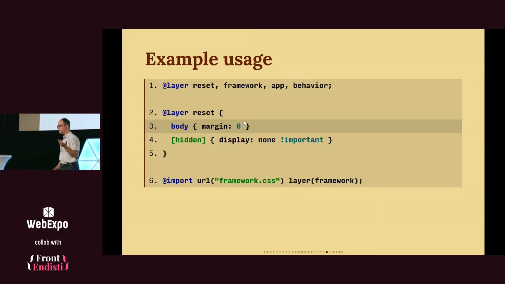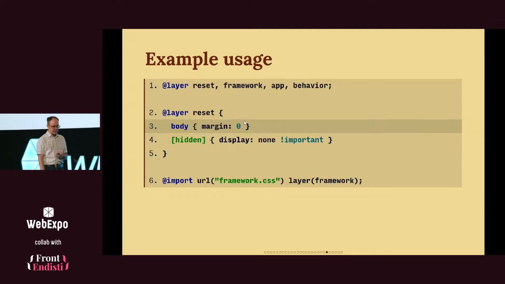And let me fill the first 2 layers right now. The first one, the reset layer, will just contain my favorite reset declarations, such as the 0 margin on body. That's pretty popular. And I also want all items which are hidden, using the HTML attribute hidden, to be really hidden, so nothing can override that. And in order to do that, I decide to pick the lowest priority layer, but with the important modifier.